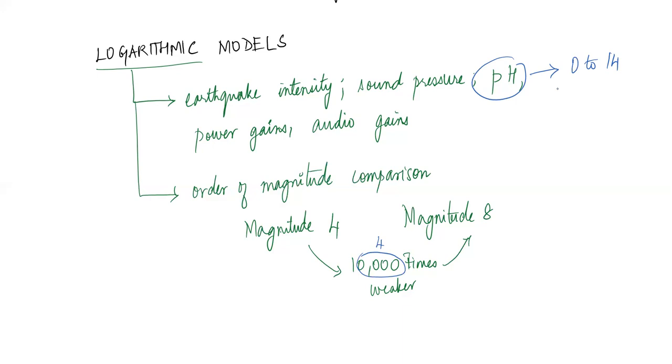Let me put it as a scale maybe, easier that way. 0 to 14 is the extent, and 7 is the middle point, right? If it's less than 7, the substance is considered acidic. And if it is greater than 7, we call it alkaline. The substances are said to be alkaline.